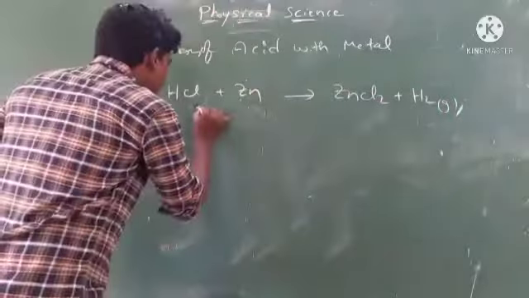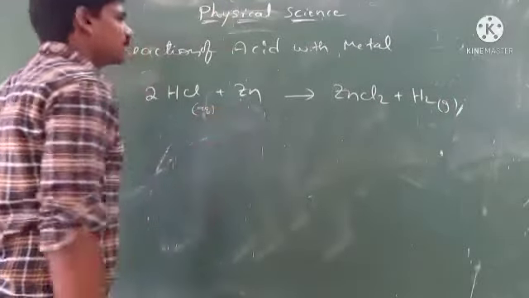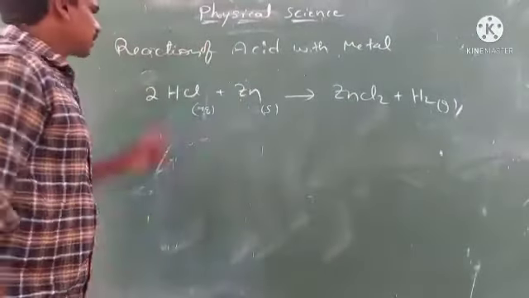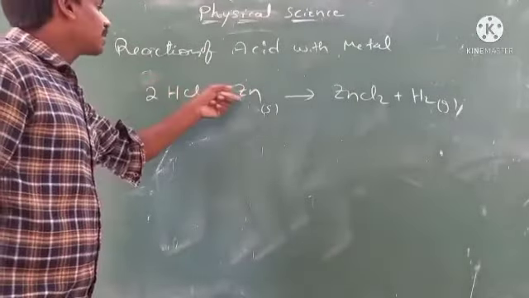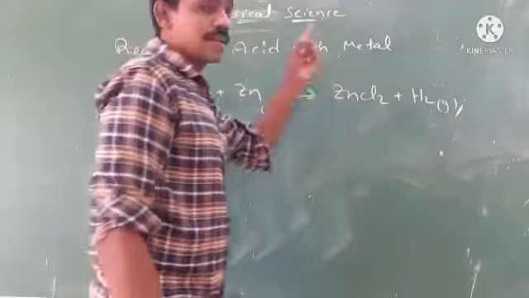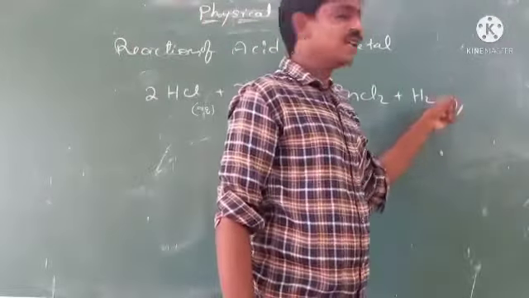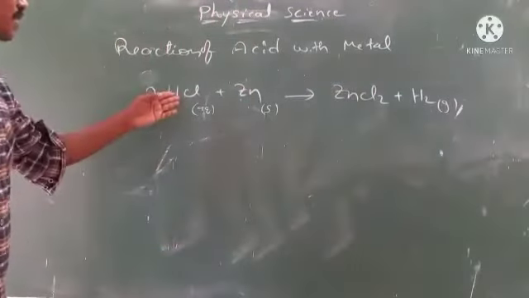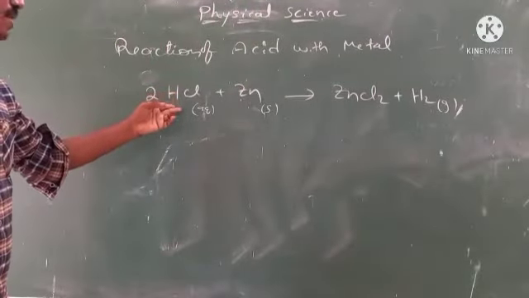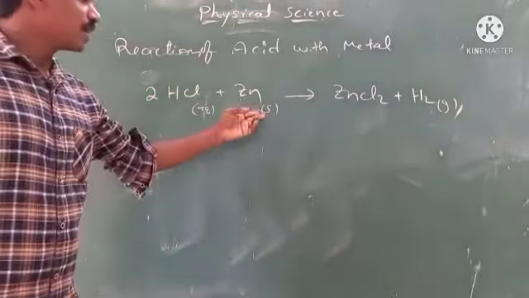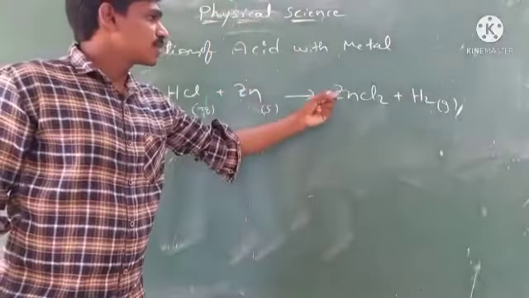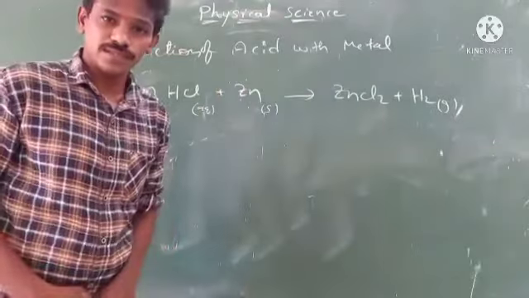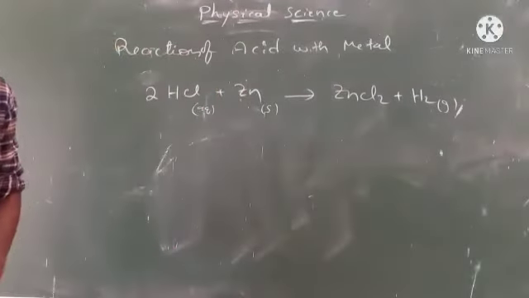Here HCl is an aqueous solution. Zinc is a solid, a metal. When acid reacts with zinc, a salt and a gas are formed. The gas is hydrogen gas. This is the chemical reaction of acid with metal. It forms zinc chloride and hydrogen gas.